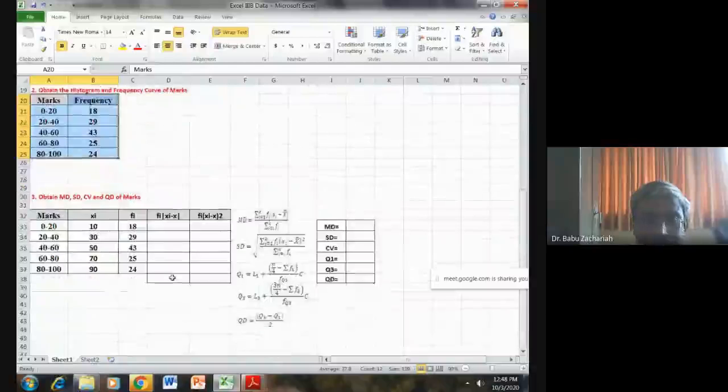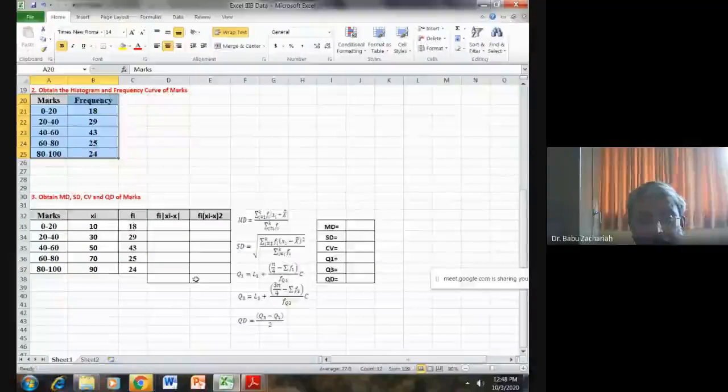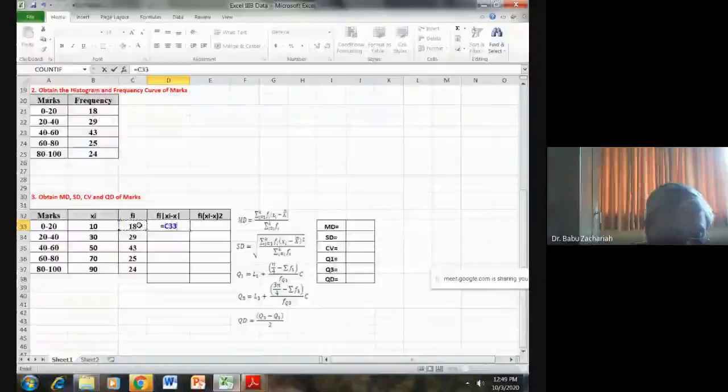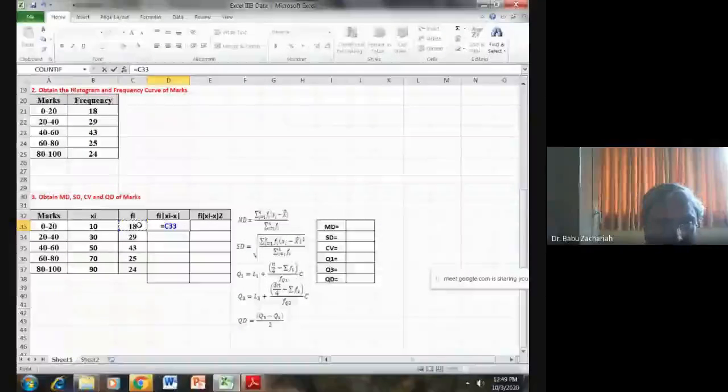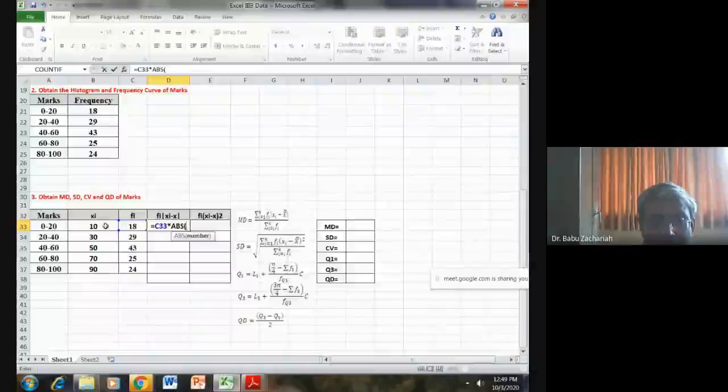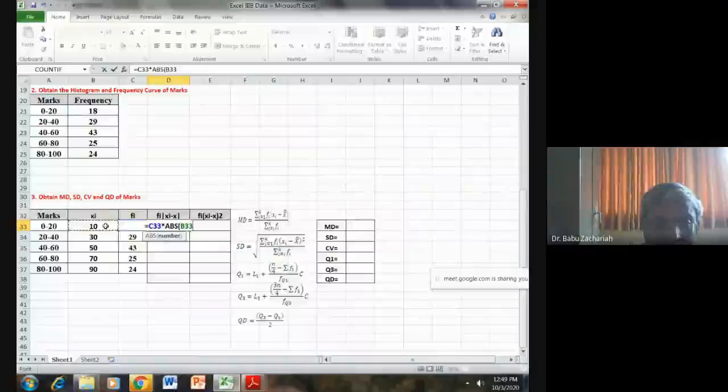First of all, for mean deviation, you have to get fi into absolute value of xi minus x bar, and for standard deviation, its square is also required. So what we can do is simply put this fi here into the absolute value of xi minus x bar, that is here.